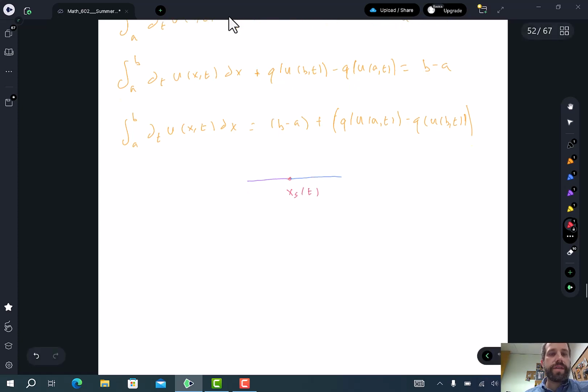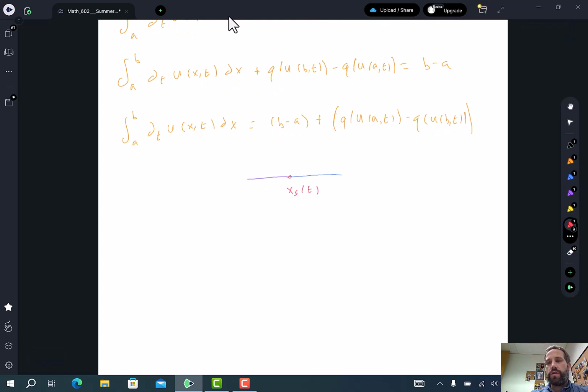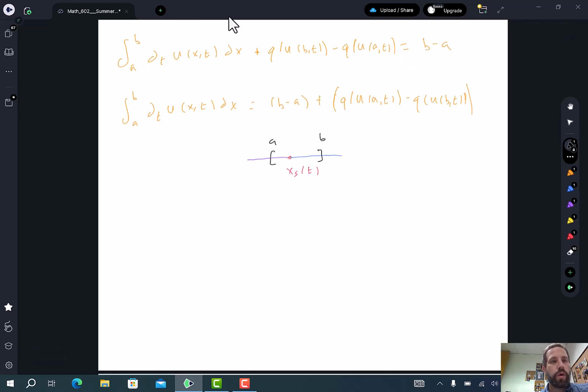And how did we figure out what that shock was? Well, we looked at an interval around the shock. Let's say this is the point a, and let's say this is the point b. We assumed that across the shock, our solution satisfies the same conservation law. So if I look at the integral from a to b of u of (x,t) dx, this should be what I'm expecting it to be, which is b minus a.